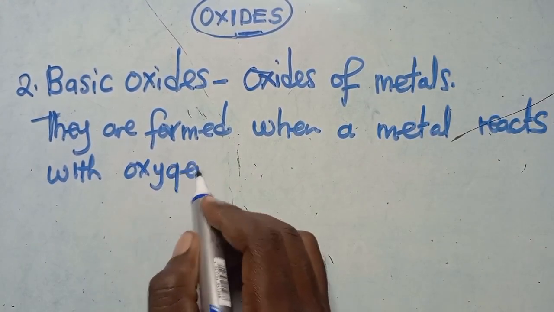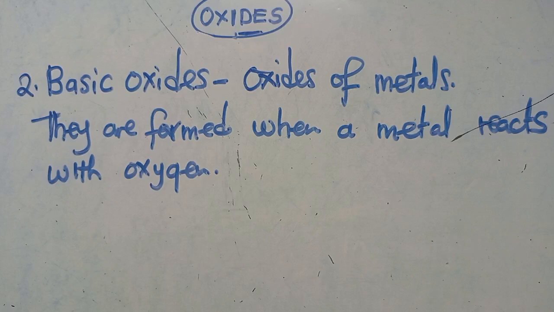When a metal reacts with the oxygen, we form what we call a basic oxide. So when I tell you, give me 2 examples of basic oxides: basic oxides are oxides that are formed when a metal reacts with the oxygen.